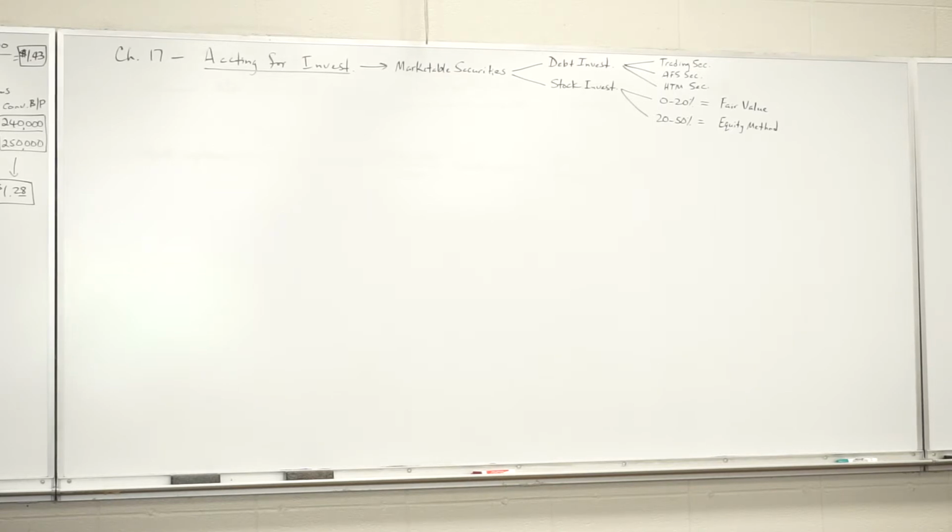Can you do a problem? Sure. Problem 7. It's the one with the accrued interest. Okay, these are debt investments now. These are not equity investments. These are debt investments, investments in bonds. Well, can we do that whenever we get to it?